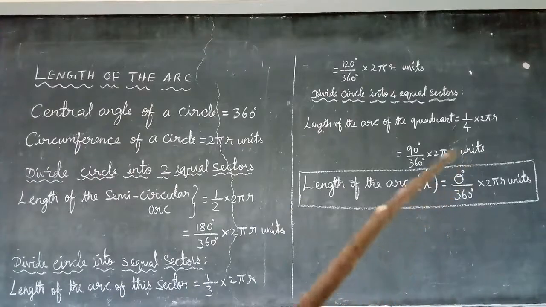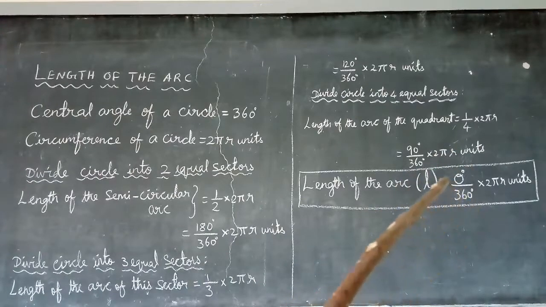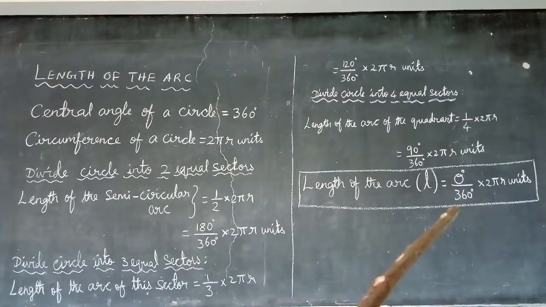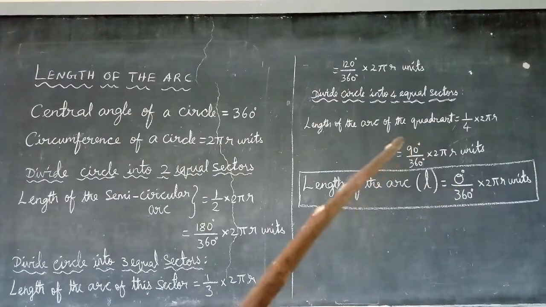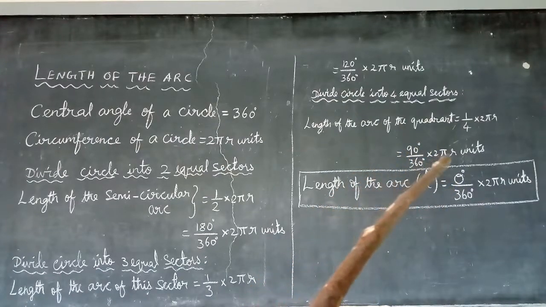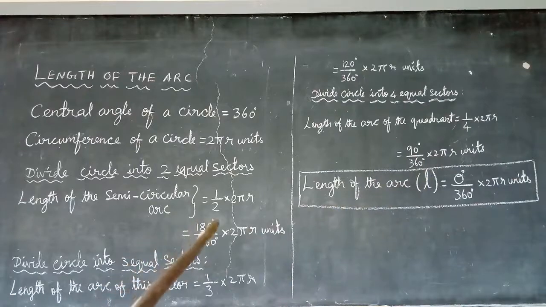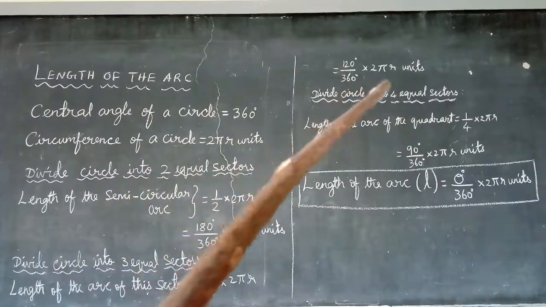Theta by 360 is the ratio of the central angle of the given sector to the central angle of the circle. This fraction is what we call the ratio. For the length of the arc of a quadrant you can use 90/360 into 2 pi r, for a semicircle 180/360 into 2 pi r, and for 3 equal sectors 120/360 into 2 pi r.